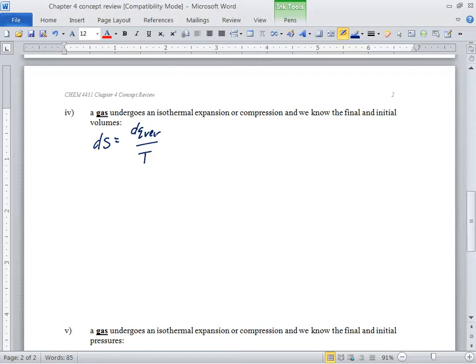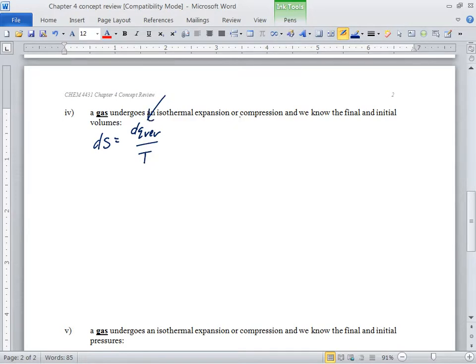So if you want to show a final answer that the answer is 0, well, we still have to work this out. If you predict that it's 0. What else is 0? Q. What is 0 when it's isothermal? Delta U. Delta T, you can say delta T is 0. That's right. But if it's isothermal, that was a hint. Because remember, we're after Q here.